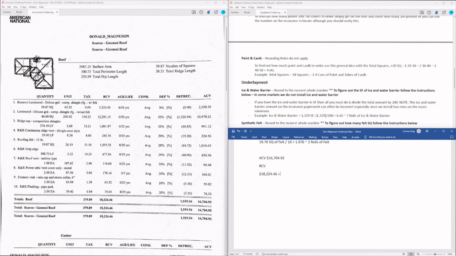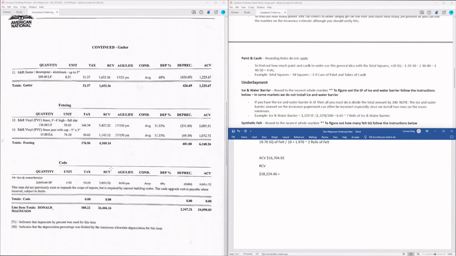$18,224.46, but as we mentioned earlier, there is going to be a code item here with the ice and water barrier. When these are crossed out, they're not in the estimate yet, and they're not paying for them yet. So this ACV amount, the homeowner is not going to receive that yet. But we need to add this crossed out number for the RCV into our total RCV so that we have the appropriate RCV to sign the job at.